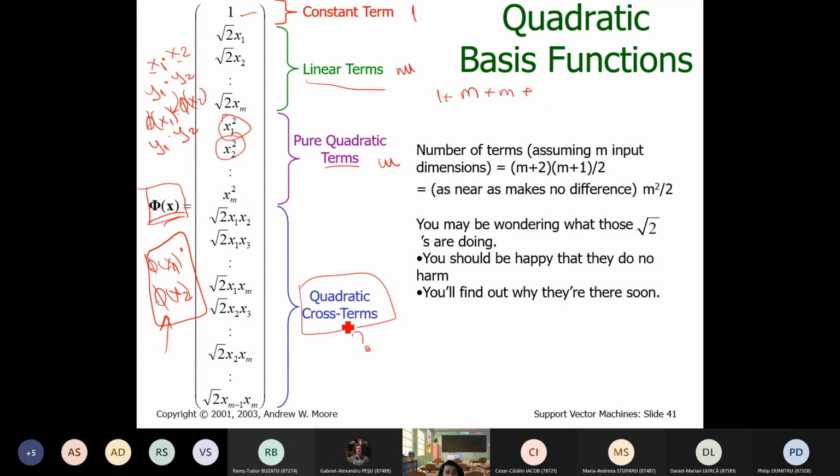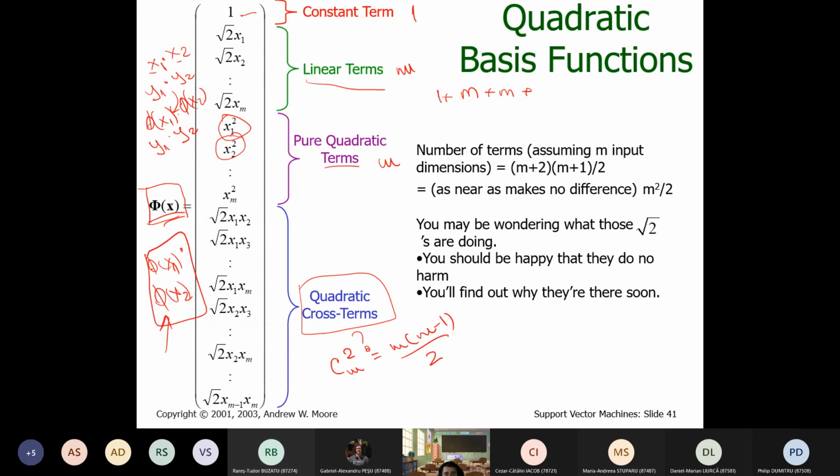Can you tell me how many quadratic cross terms we have? M times m minus 1 over 2. So it's the combination of m taken 2, m times m minus 1 divided by 2.